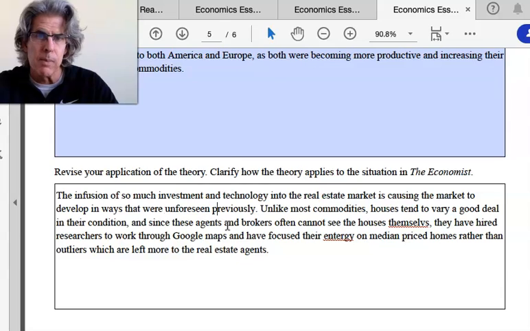previously. Unlike most commodities, houses tend to vary a good deal in their condition.